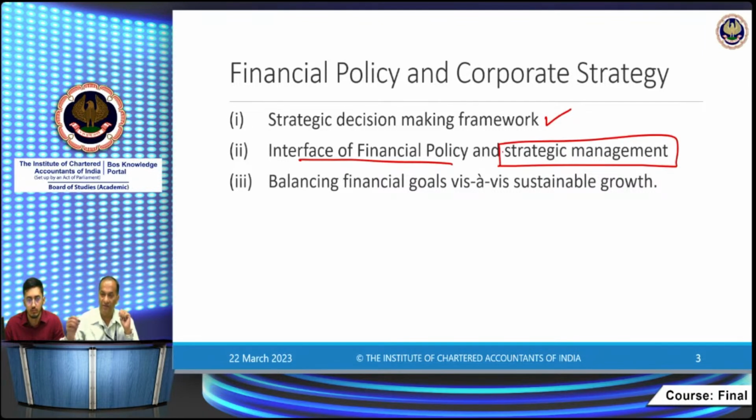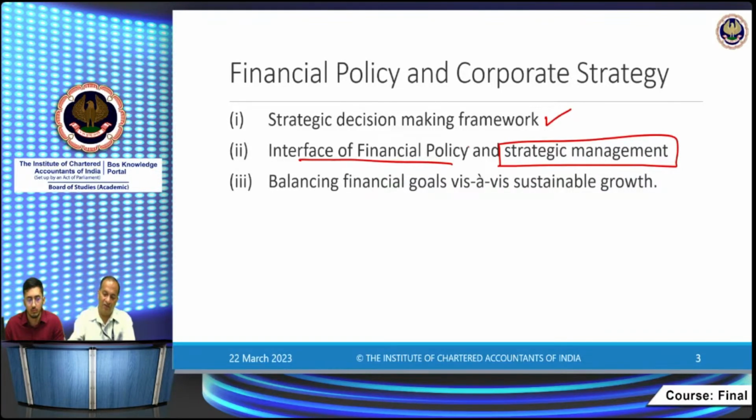Whenever there is any business, strategic management is one of its pillars. It is the strategic decision that makes one business a successful tycoon, and another wrong strategic decision can lead to bankruptcy. That is why, as we proceed further, you will see the topic of merger and acquisition, which is a very strategic kind of decision.